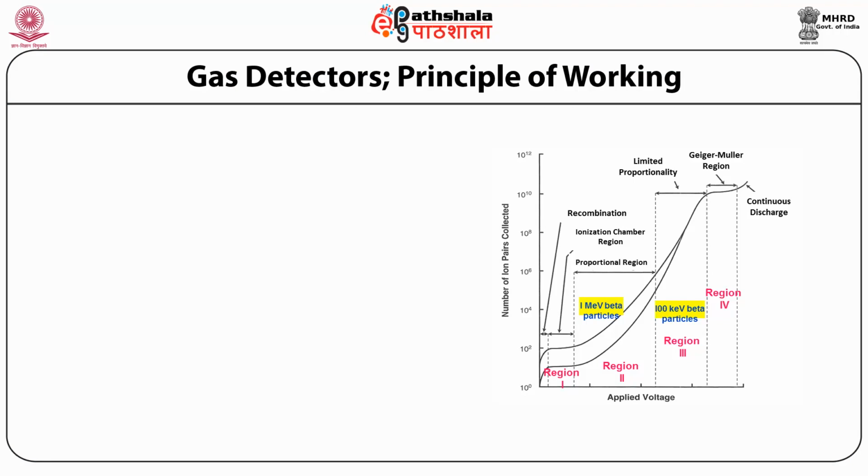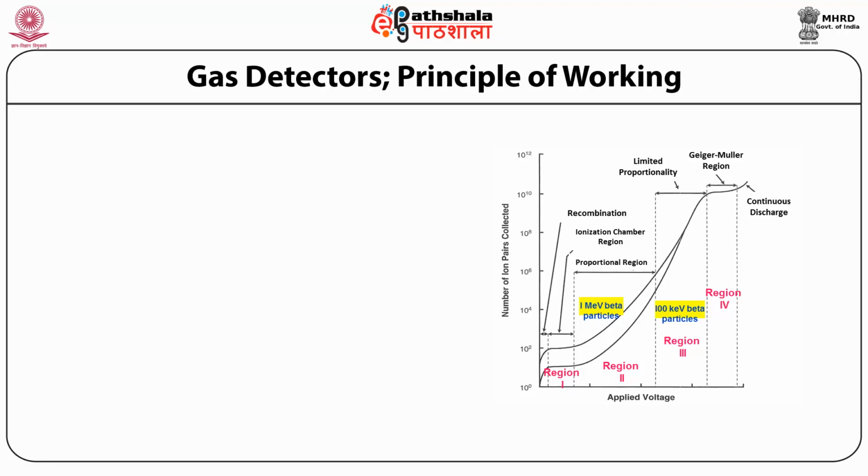On the left hand side, a picture is given in which the number of ion pairs collected is given as a function of applied voltage for a gas detector, and here the entire region of gas detector working can be divided into various subregions like region 1, region 2, region 3, region 4.